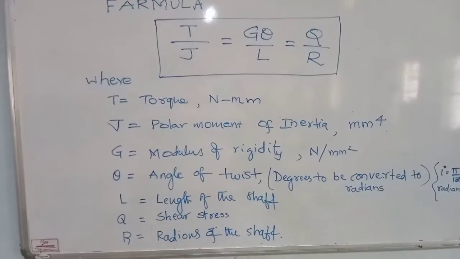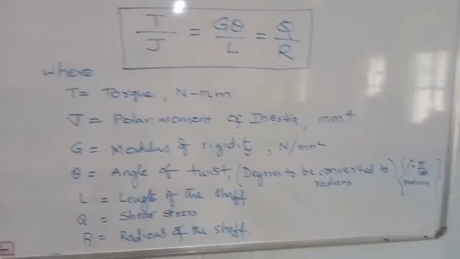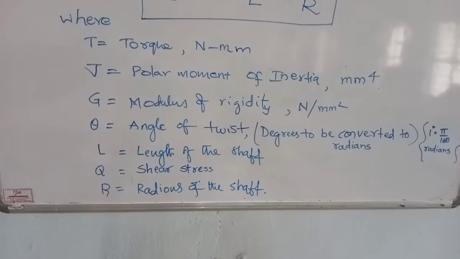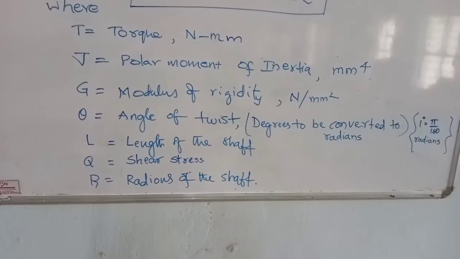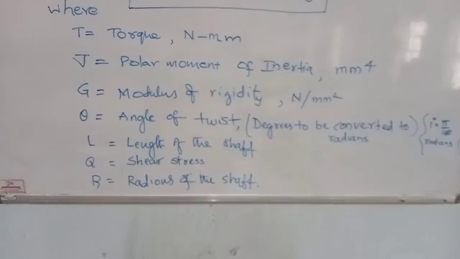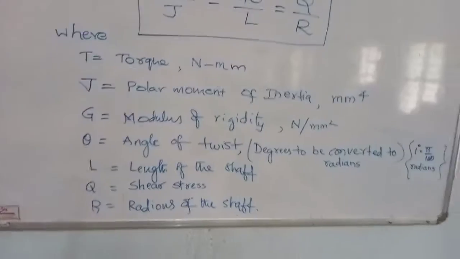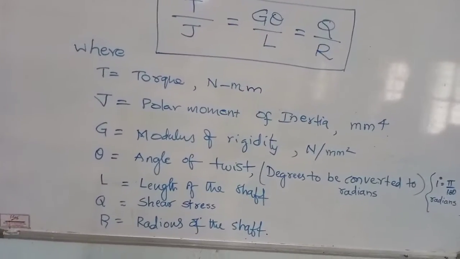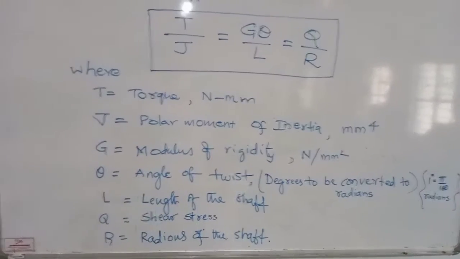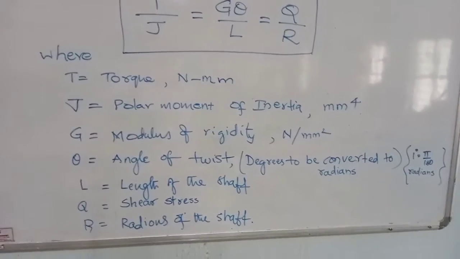Then we have J, the polar moment of inertia, in mm to the power of 4, and the modulus of rigidity G, in Newton per mm square. We would like to find the G value. Its value varies from 0.6 to 0.9 into 10 to the power of 5 Newton per mm square. Then theta is the angle of twist.